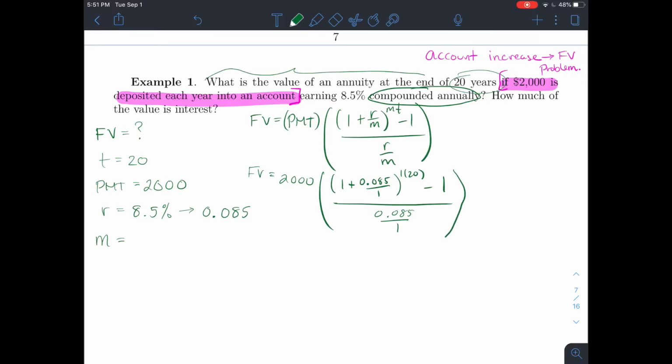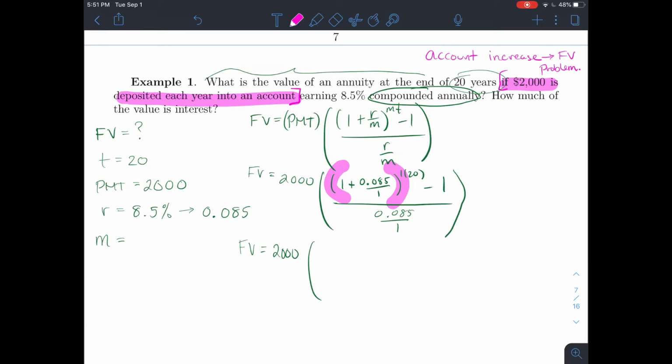Alright, so let's take it one step at a time. We're going to work with the most inner parenthesis. So we have these sets of parentheses, but then we also have these sets of parentheses. So we're going to work with the second set of parentheses that I have right there. Everything else will stay the same. So FV is 2,000. And this inside part, we're going to punch into our calculator 1 plus 0.085 divided by 1.